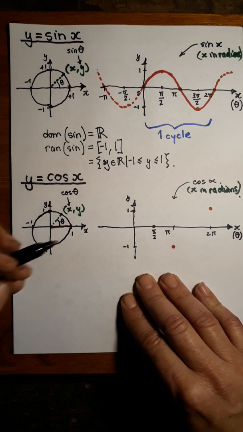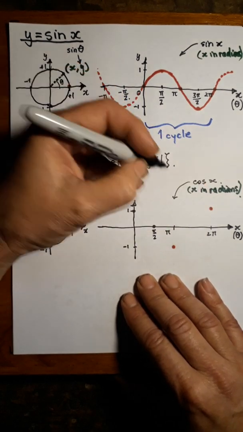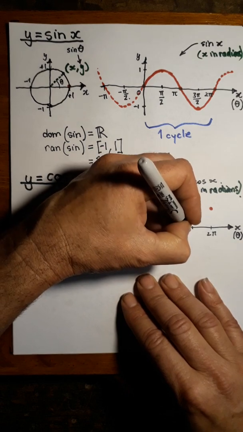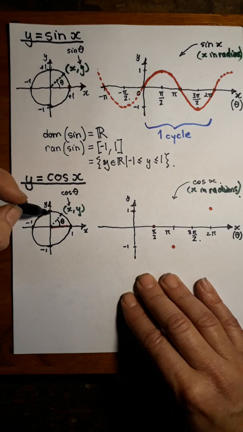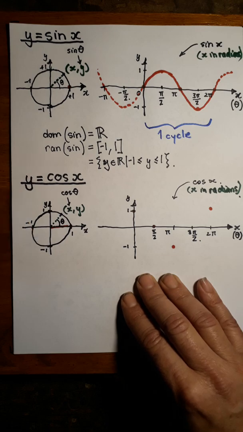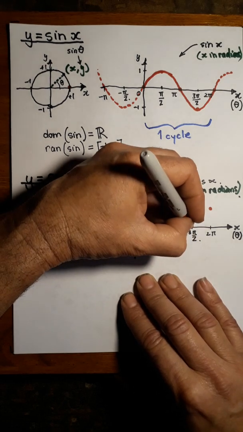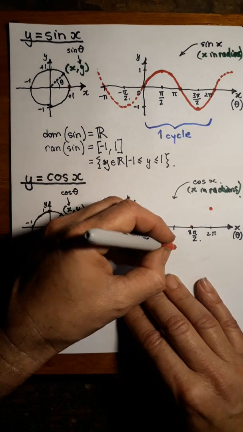Now, let's try halfway between pi and 2 pi, which will be 3 pi on 2. And cos 3 pi on 2, right around here, will be 0. Okay, so we've got a very rough shape. It looks V-shaped.